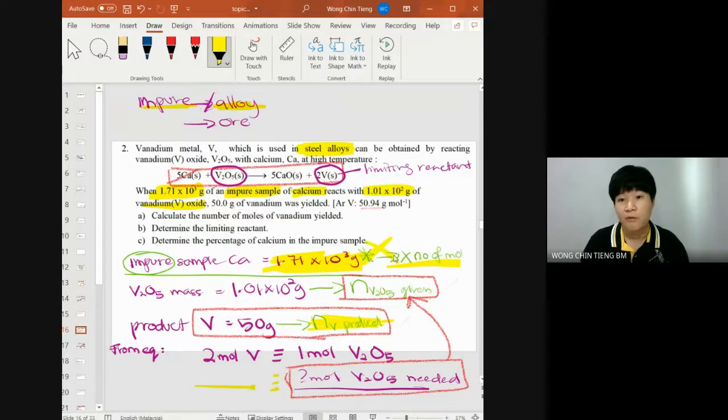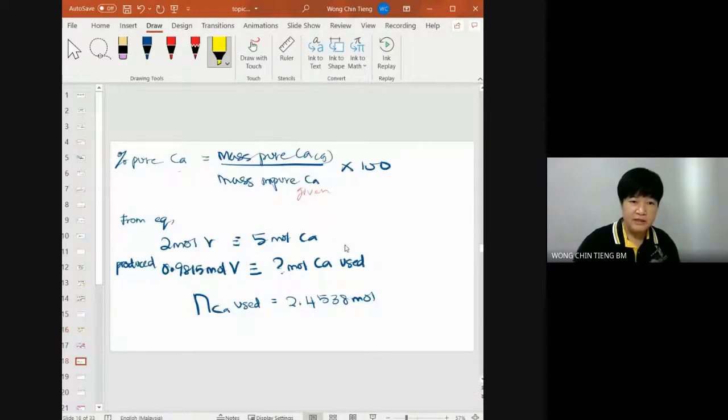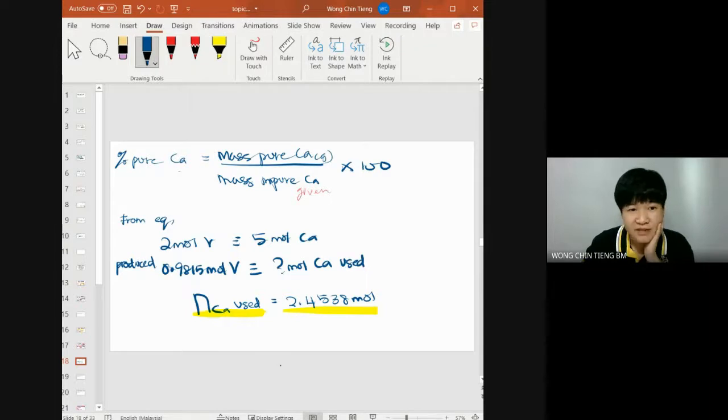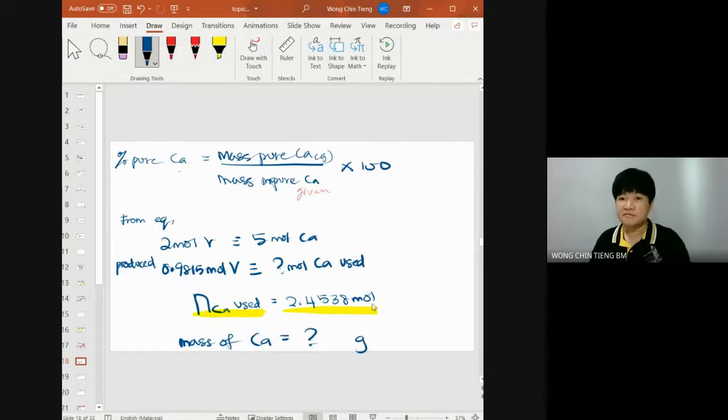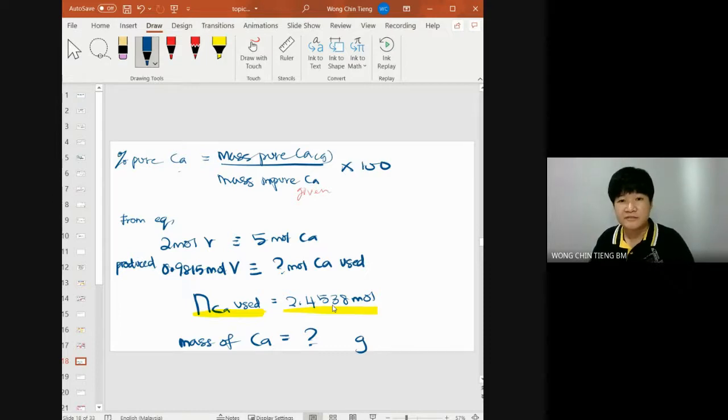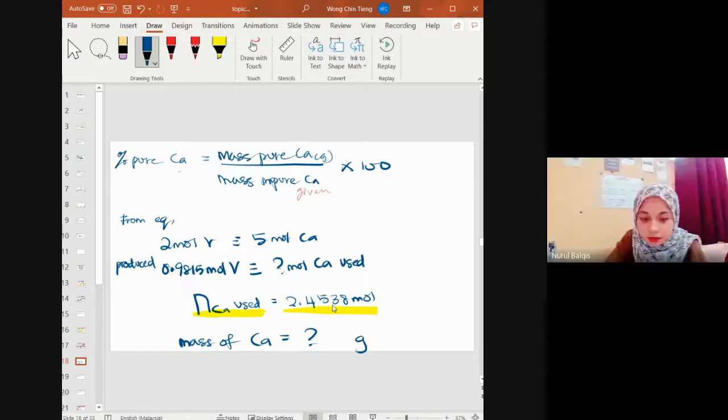But now, the mole of calcium that you calculated over here, next question, and probably the last: can we change it to mass of calcium? Yes. Alright, why?